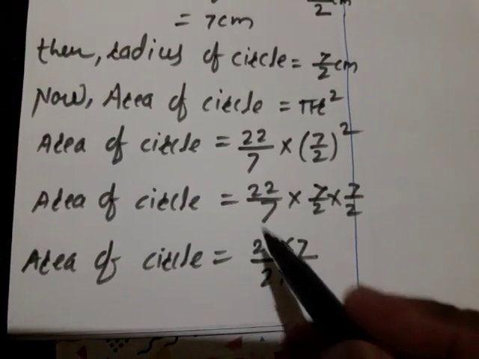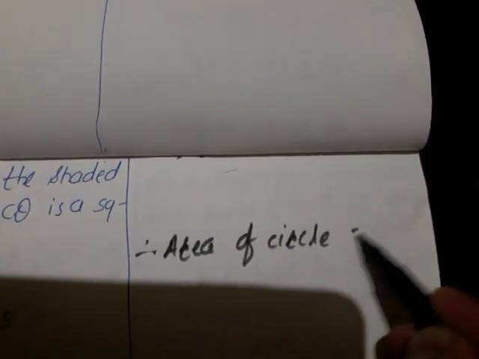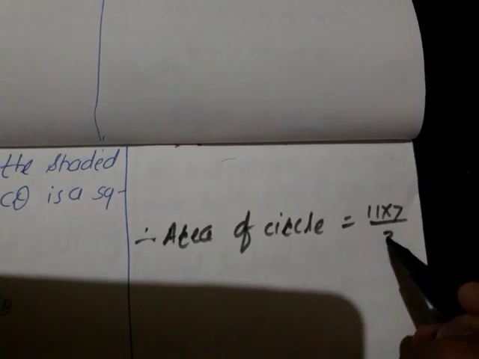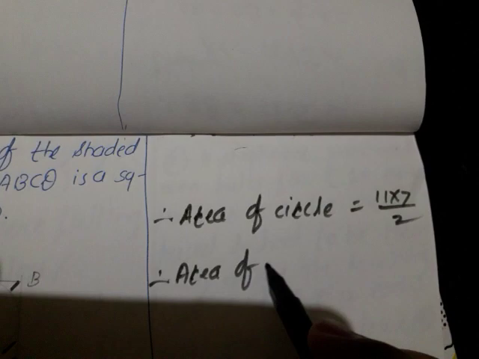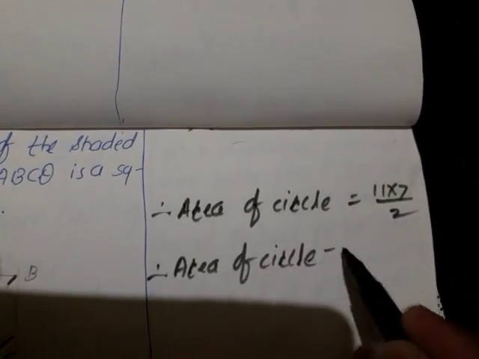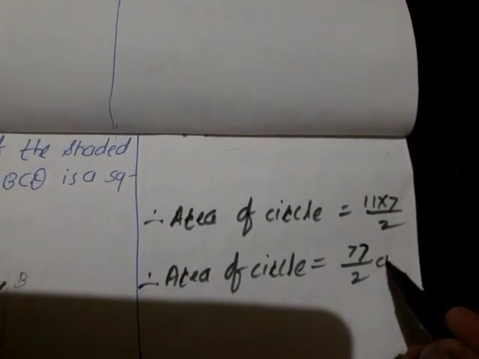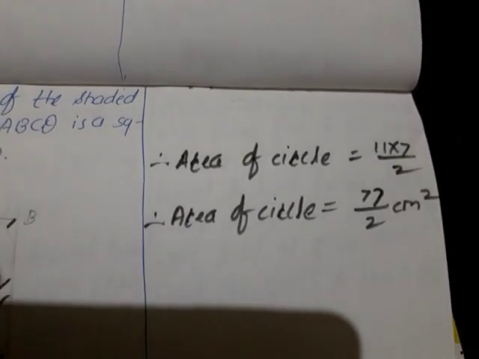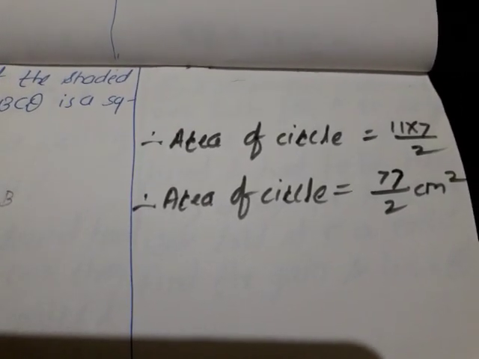Look here, 2 1s are 2, 2 1s are 2, 2 1s are 2, means 11 into 7 divided by 2. Therefore area of circle is equal to 11 into 7, 77 divided by 2 centimeter square. Area of circle we got here 77 divided by 2 centimeter square.